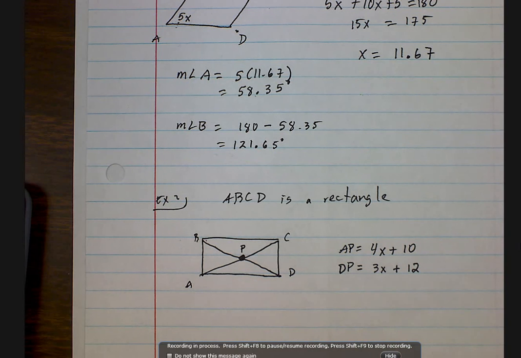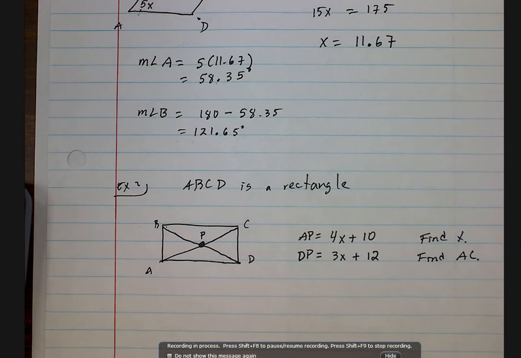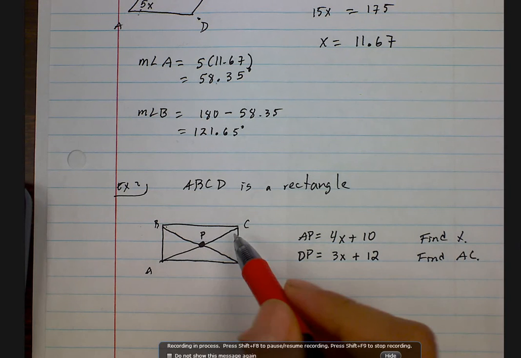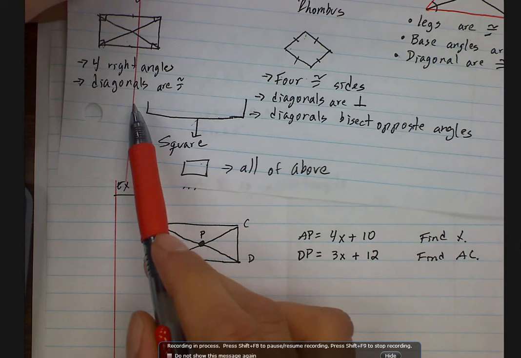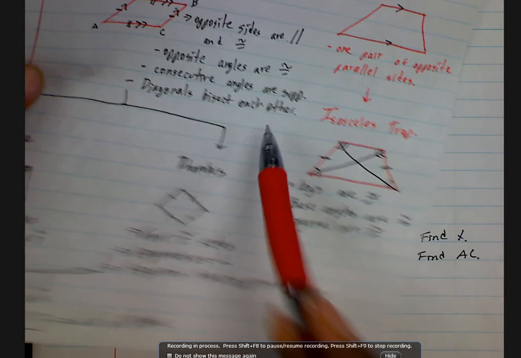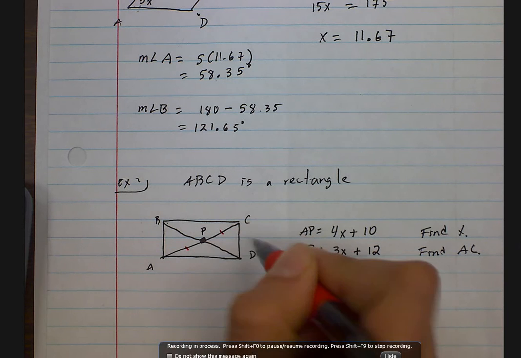I need to find x, and I also need to find diagonal AC. How do I do that? Well, I know that diagonals in a rectangle are congruent. And since it's a parallelogram, diagonals bisect each other. So this one is congruent to that one, and this is also congruent to that one.